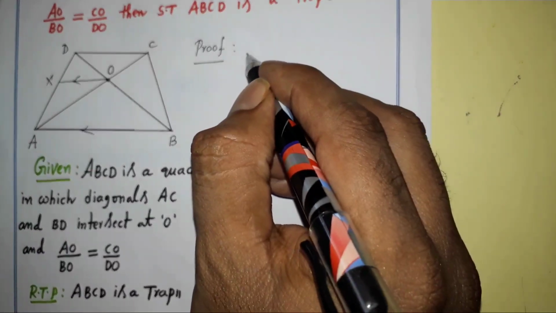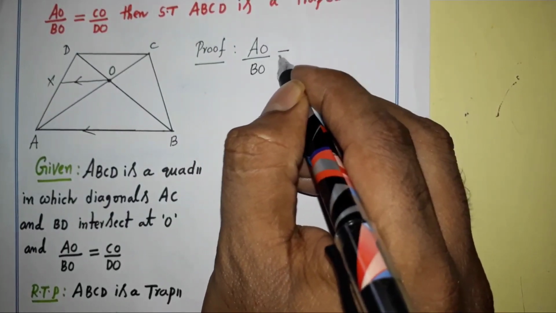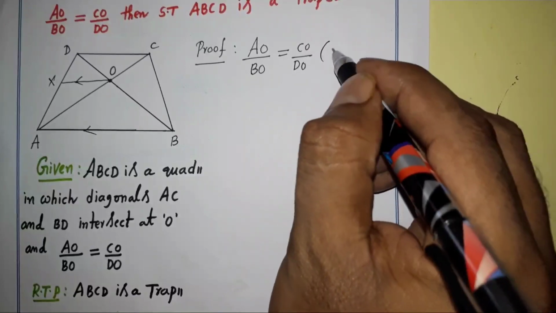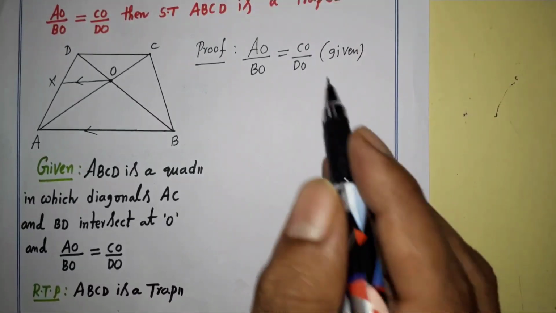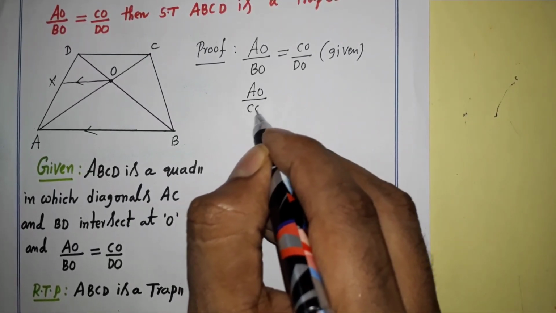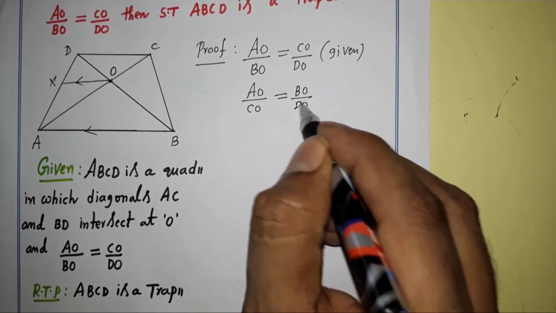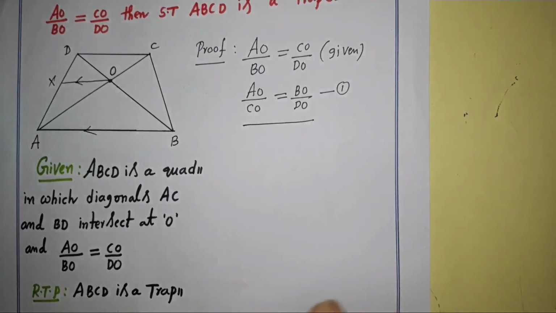It is given that AO by BO is equal to CO by DO. From this we can write this result as AO by CO is equal to BO by DO. Take this one as equation 1.